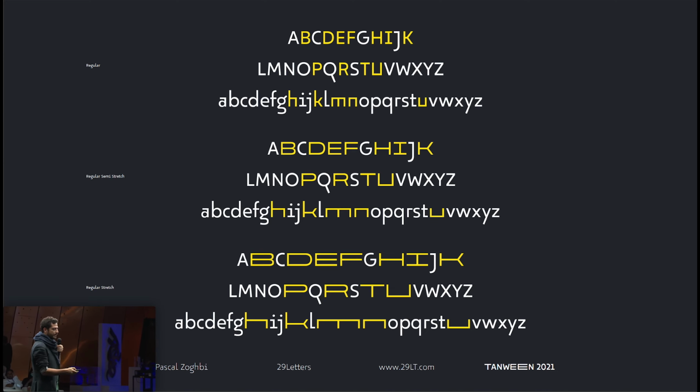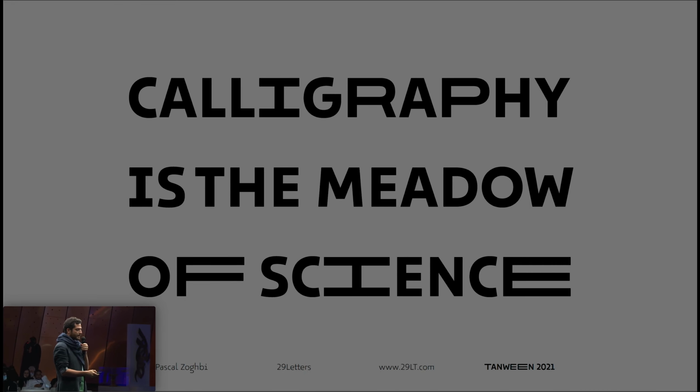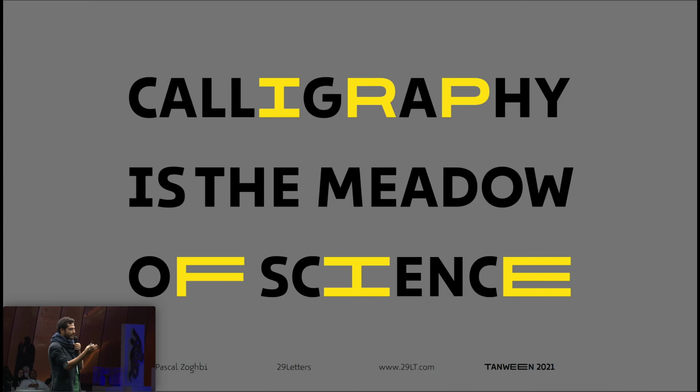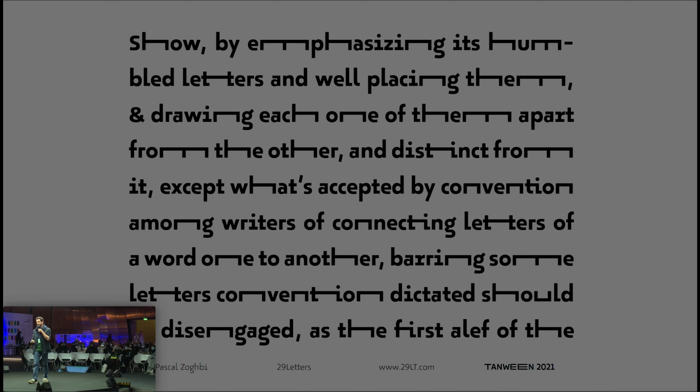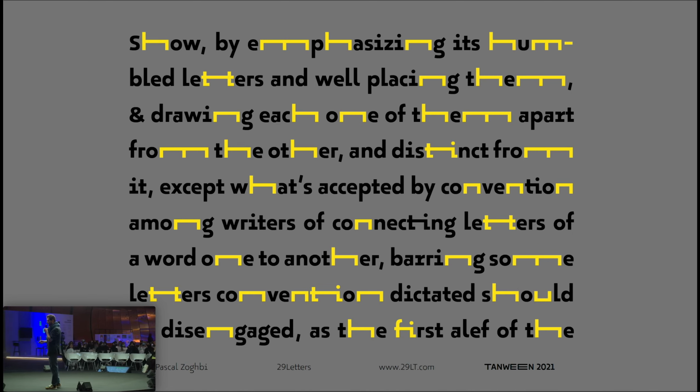So here you have the phrase "calligraphy as the meadow of science." And here you can see that only the I, R, P, F, and E were expanded, but the others not. But this was enough to allow this sentence to be fully justified without any extra space, or what we call in typography, typographic rivers. Here you can see a long text, and how the M and the H and the ligature TI and others were expanded.